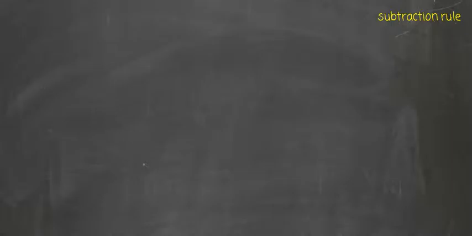So after the addition rule, the subtraction rule is really just a little tweak on addition. And here's how it goes. A minus B is the same thing as A add the opposite of B. We just finished that with addition rules.